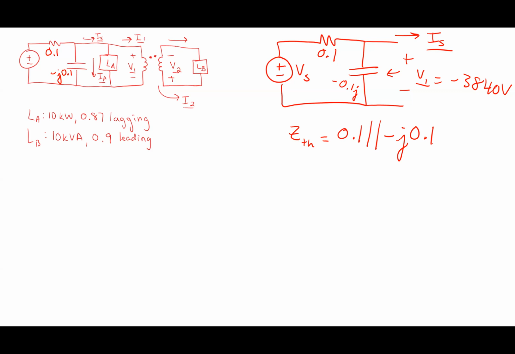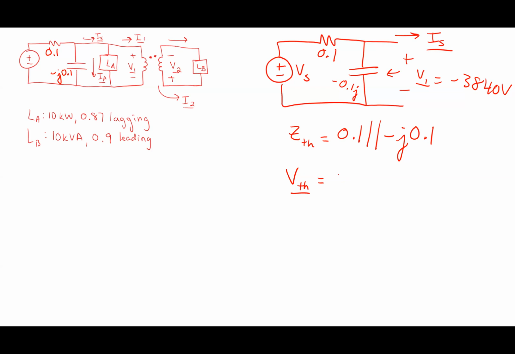Okay. What's V Thevenin? Well, it turns out the number specifically is negative 3840. Well, let me be careful about that. It's not that, in the loaded circuit.